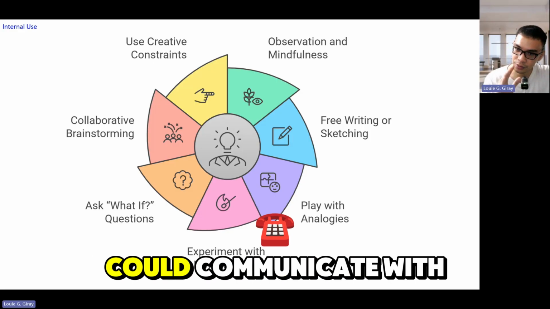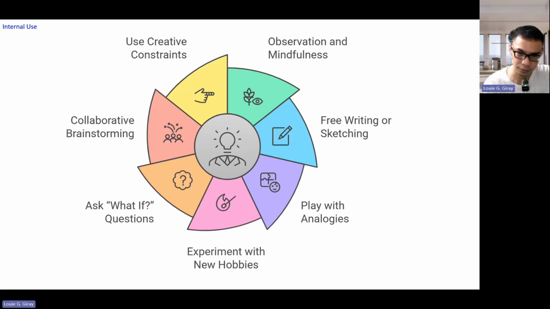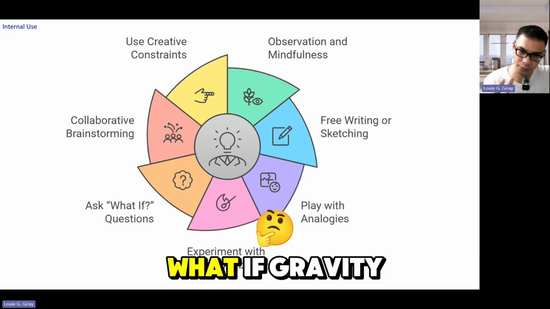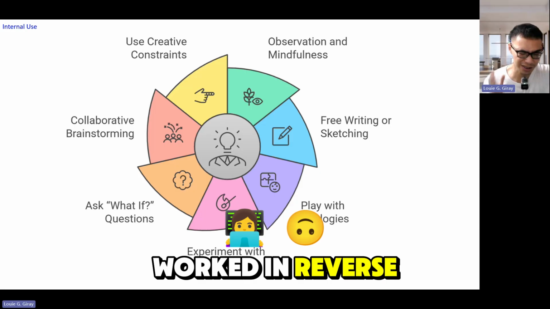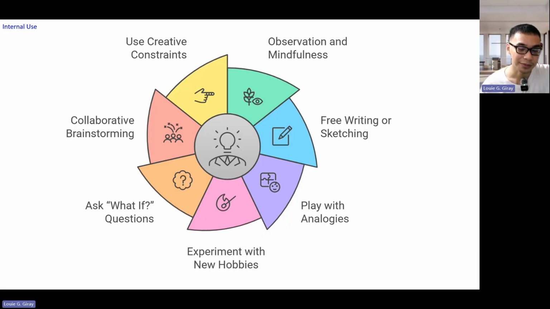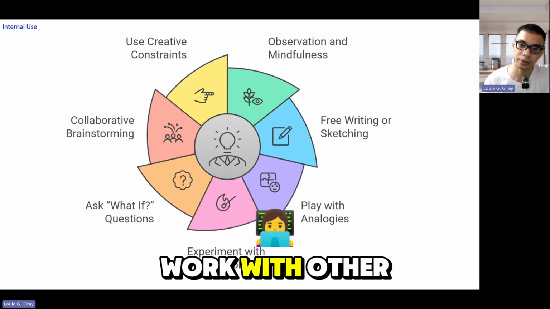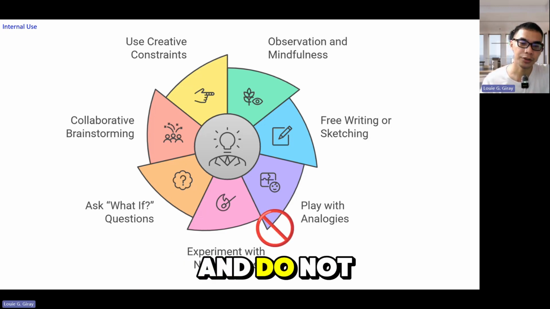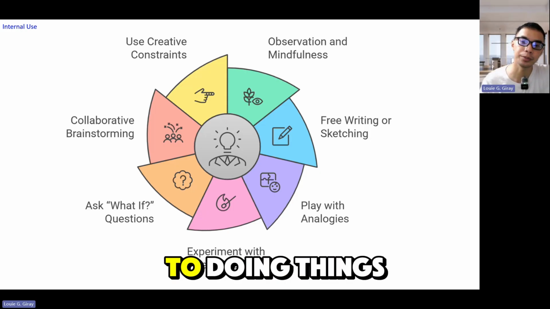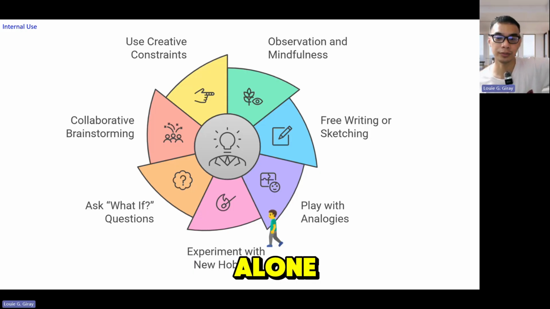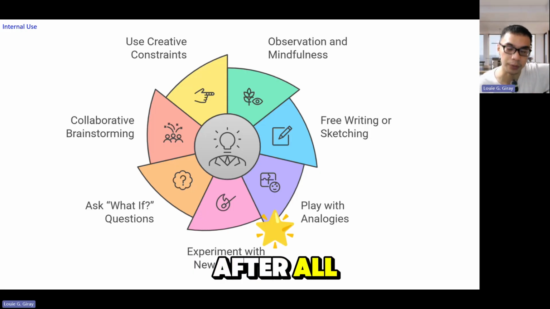What if humans could communicate with animals? Well, what would happen? What if gravity worked in reverse? And this one, collaborative brainstorming. Work with other people and do not just be used to doing things alone. After all, no one is an island.